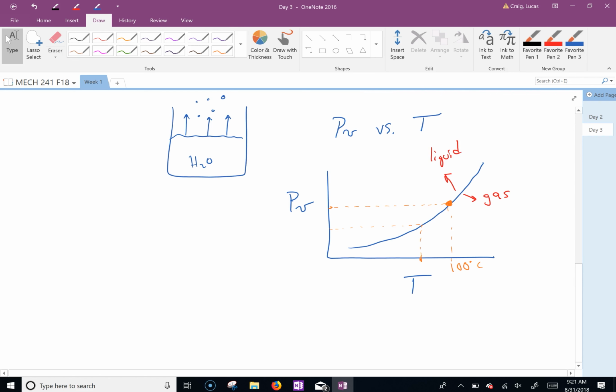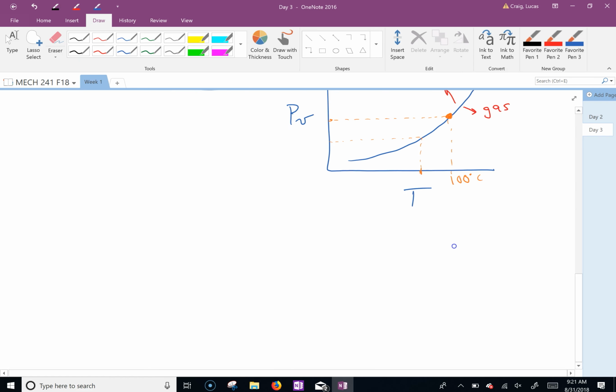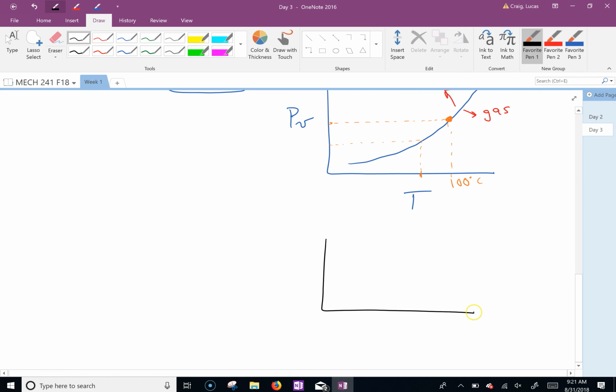So the first way is constant pressure, increased temperature. The second way is, what do you think? What's the reverse of that? Constant temperature, but decrease the pressure. Yep. So I'm going to draw this again, so you have this in your notes.